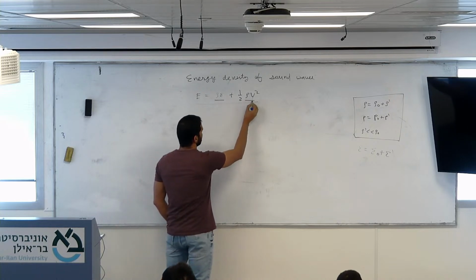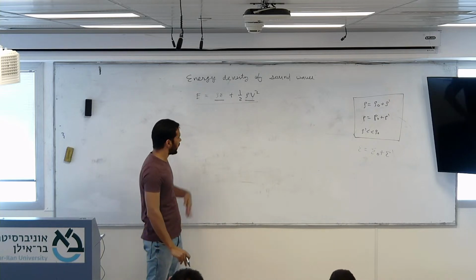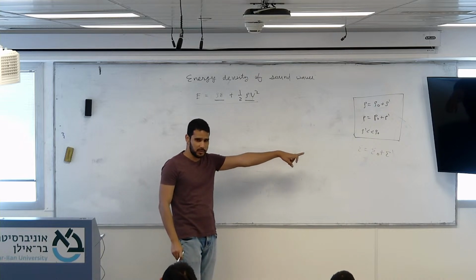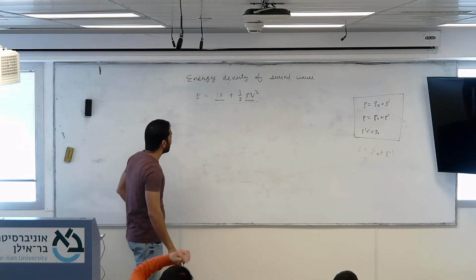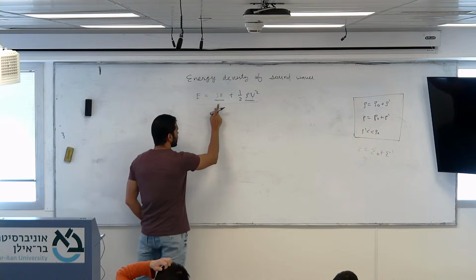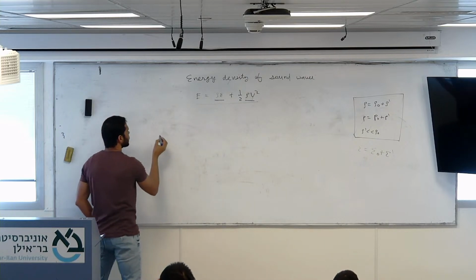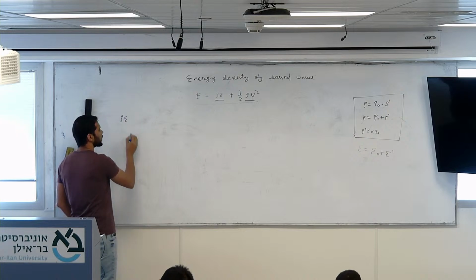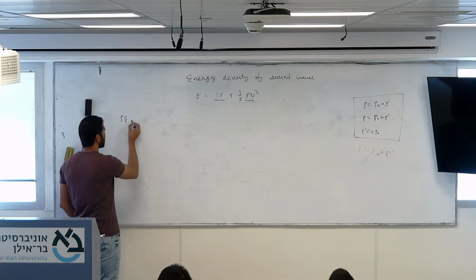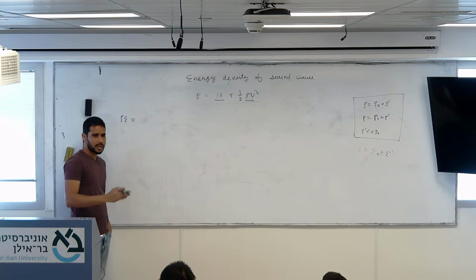Now I can replace this rho and epsilon with the slightly perturbed values. And we deal with these two terms in a different manner. First term is rho e. Let's expand it around density.